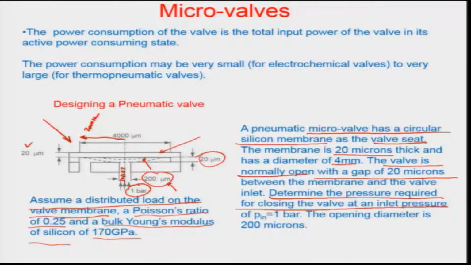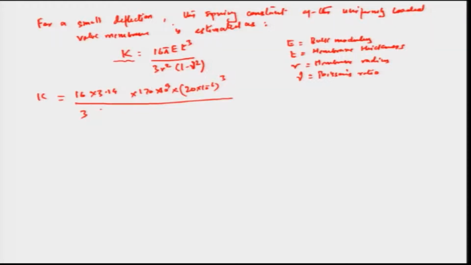So we have the square of R, which is 2 times 10 to the power of minus 3 squared, times 1 minus 0.25 squared for the Poisson's ratio, and this is found as 6.08 times 10 to the power of 3 Newton per meter. So that is the equivalent spring constant found in this particular case for the silicon membrane, which is going to act as a valve seat.